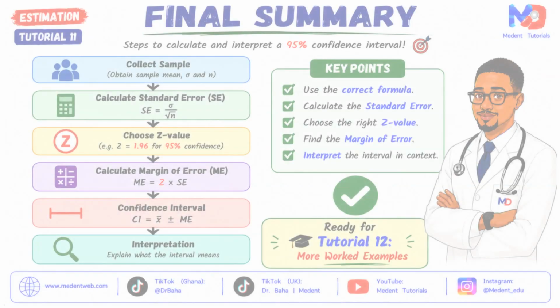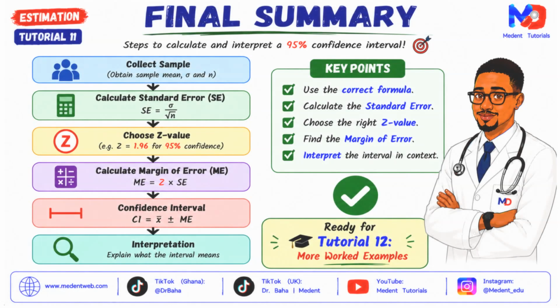Good. So in summary, every confidence interval calculation follows the same logical process. Collect the sample data, calculate the standard error, choose the appropriate z value, determine the margin of error, calculate the confidence interval, and then provide a meaningful interpretation.